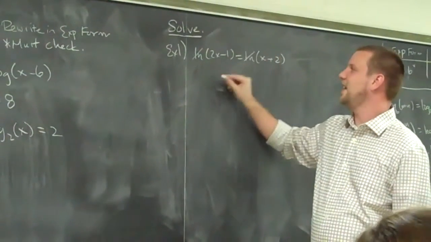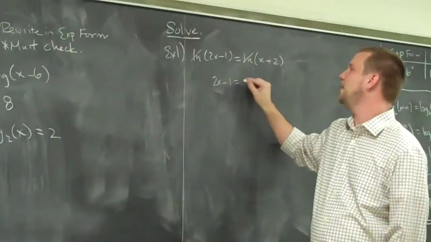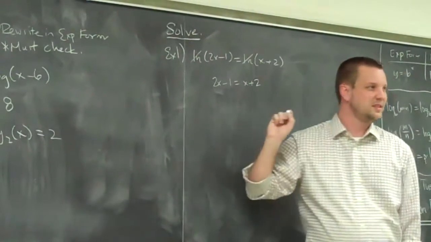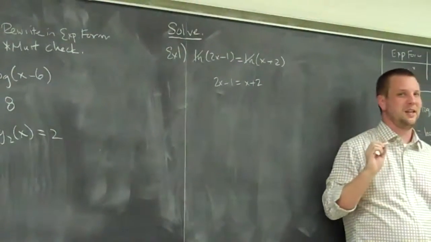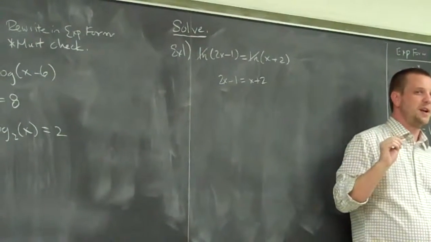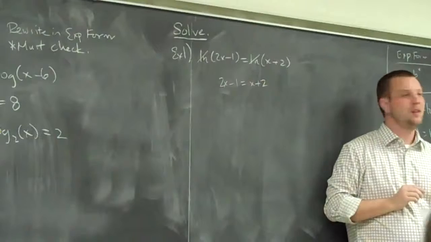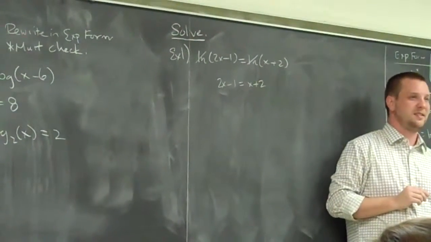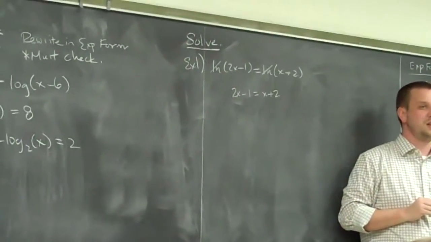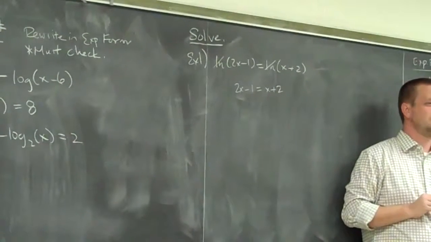And I just end up with 2x minus 1 equals x plus 2. That's skipping 2 or 3 bona fide mathematical steps, but I think that's a simple enough and safe enough shortcut that I don't mind showing you that. You just don't tell anybody I told you that, right?